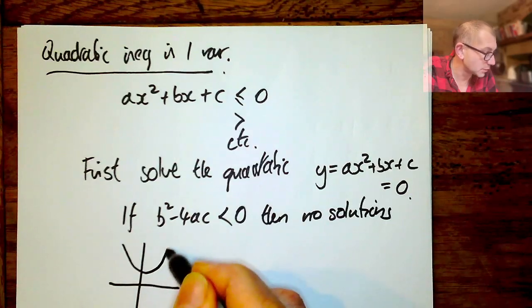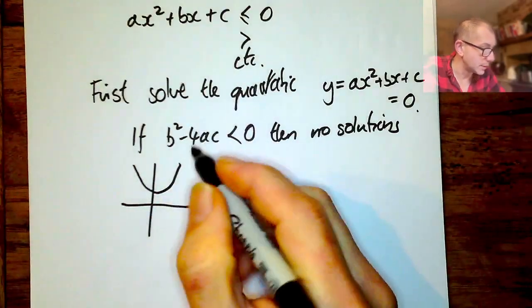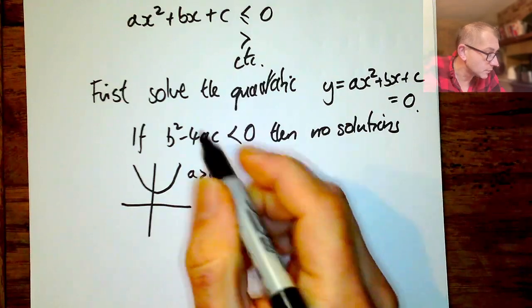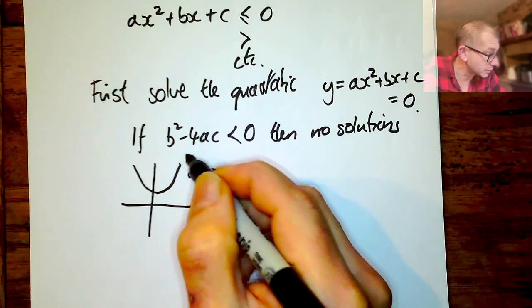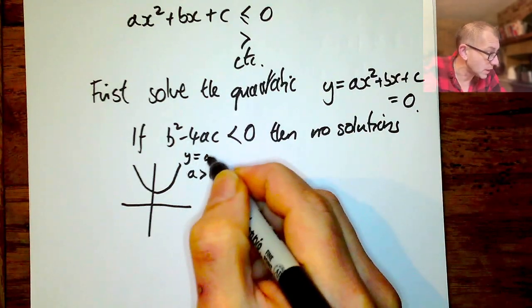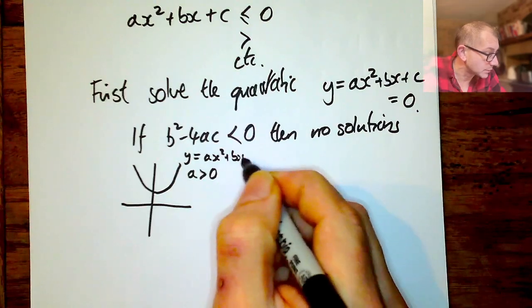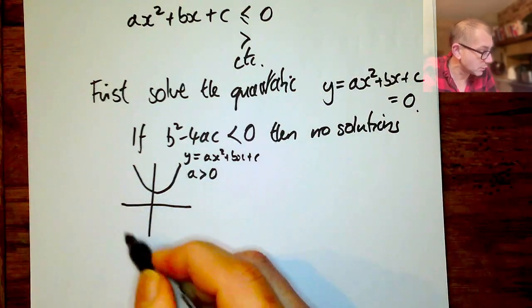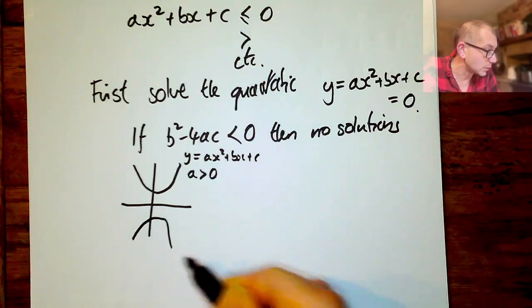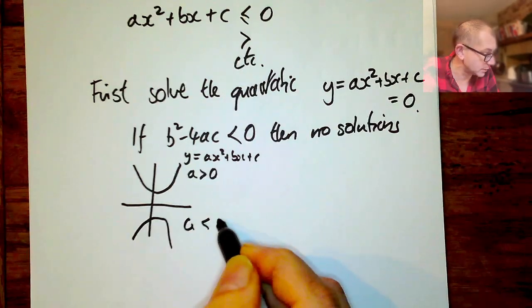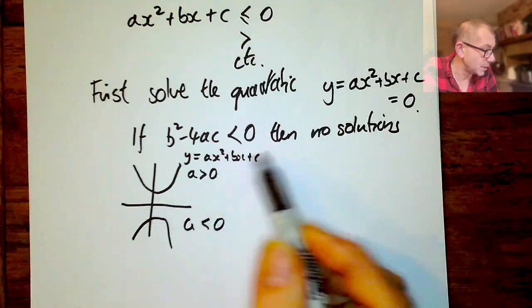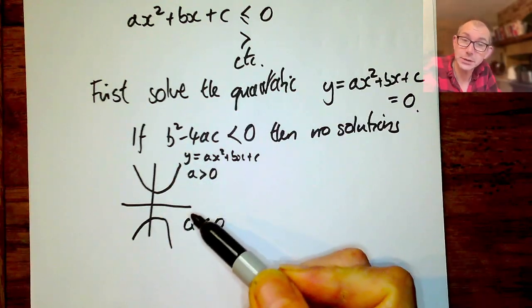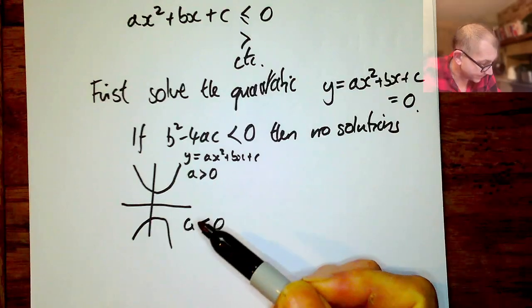It either looks like this, and that's if a is bigger than 0. So what am I plotting here? I'm just plotting y equals ax squared plus bx plus c. So that's if a is bigger than 0. And otherwise, it's going to look like this if a is less than 0. And depending on what you're solving, then you'll either have infinitely many solutions or you'll have none.